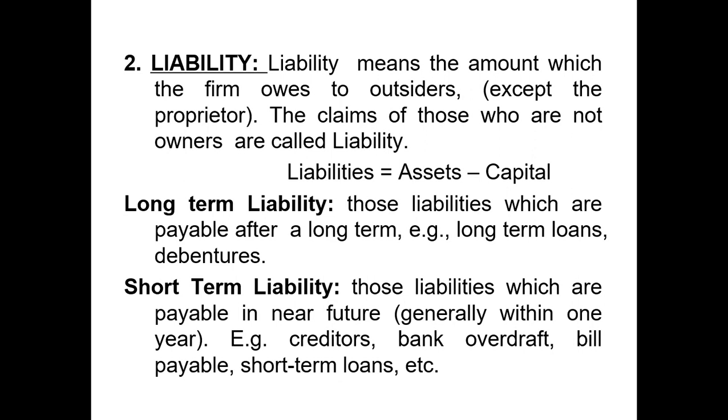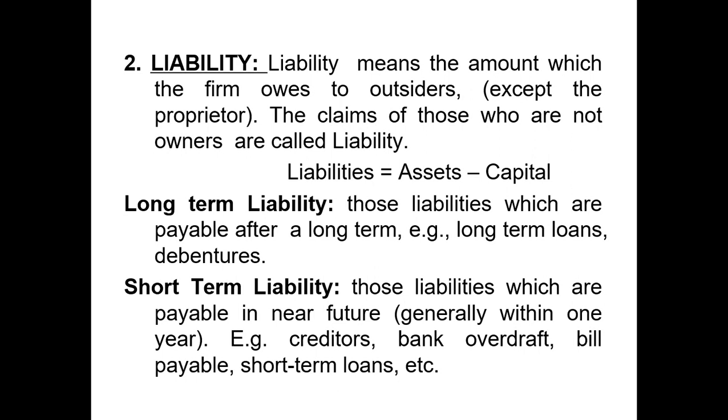Since we have just spoken about capital, capital is also a liability. The firm has to repay the amount of the investment made by the owner into the firm at the end of the life of the business. It has to pay back to the owner.